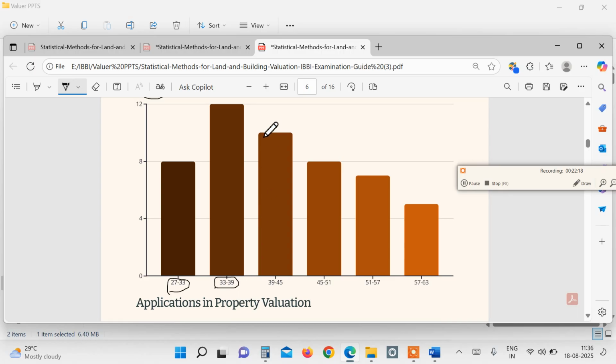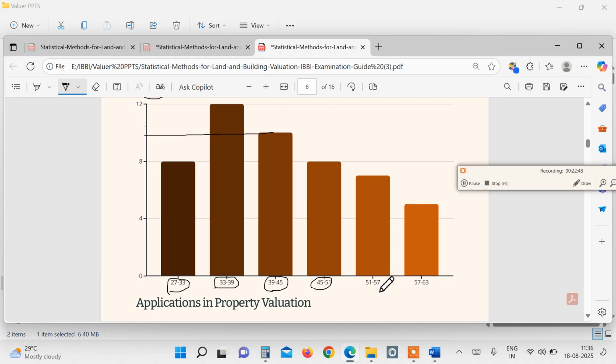Then approximately we have 10 properties having values varying from 39 to 45 lakh, and then we have 8 properties whose values vary from 45 to 51 lakh.